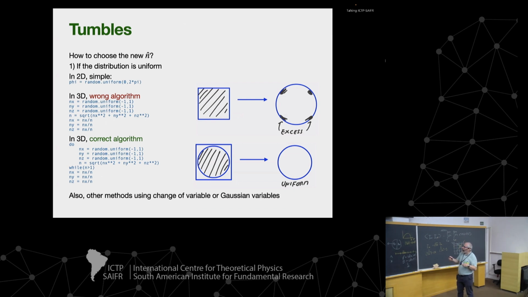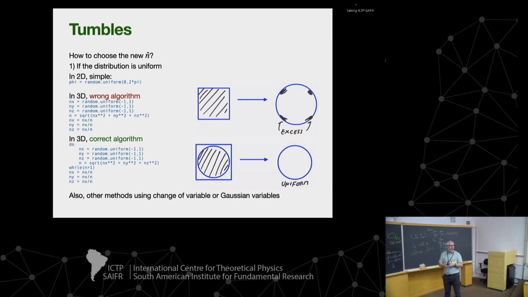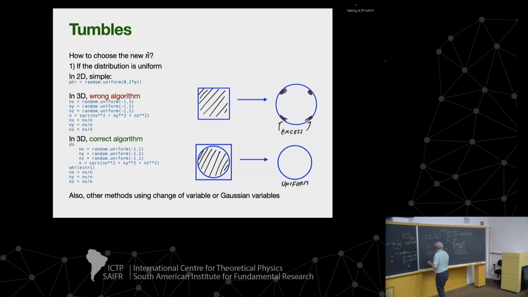There's another method that is to sample Gaussian variables. It's very cool as a method. It's not very fast, but it's cool. You take an x normal distribution, the same y, the same z, and then you compute the norm, and then you divide. Why?